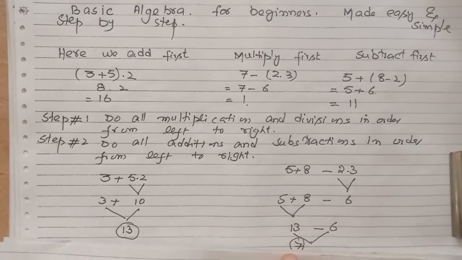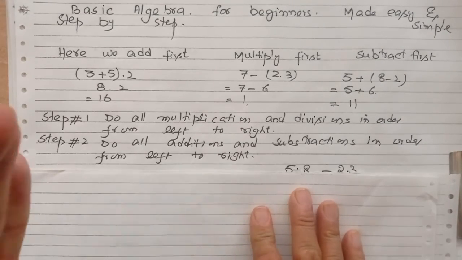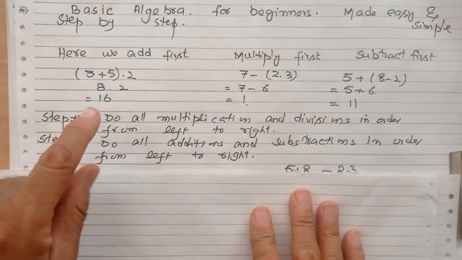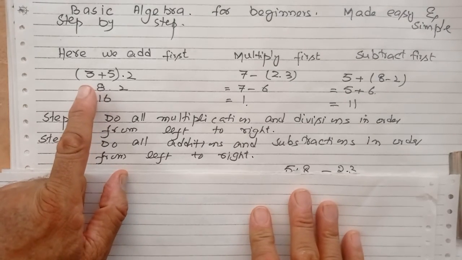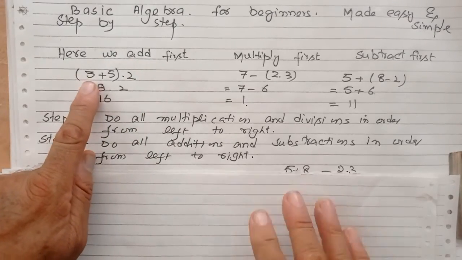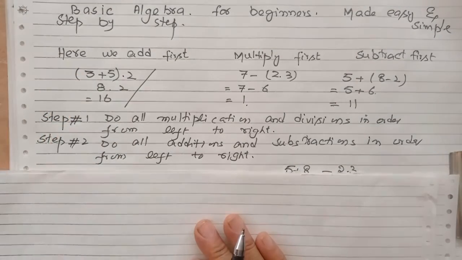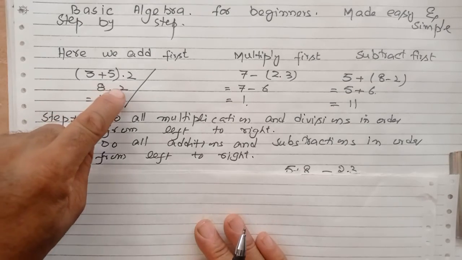So we should remember the basic thing, that whatsoever expression is given to us, in such an expression we will go for addition first. We will first add, and after adding, whatsoever resultant we get, we will multiply with the 2.